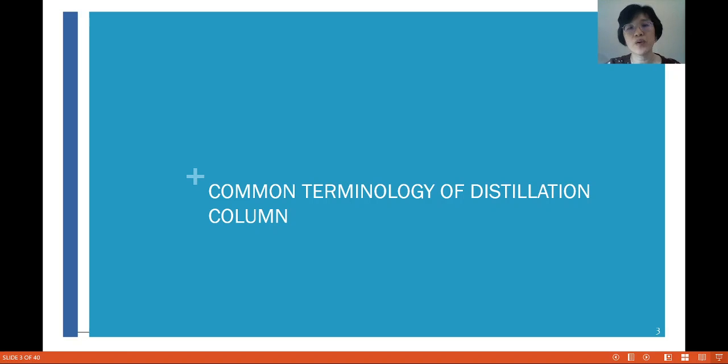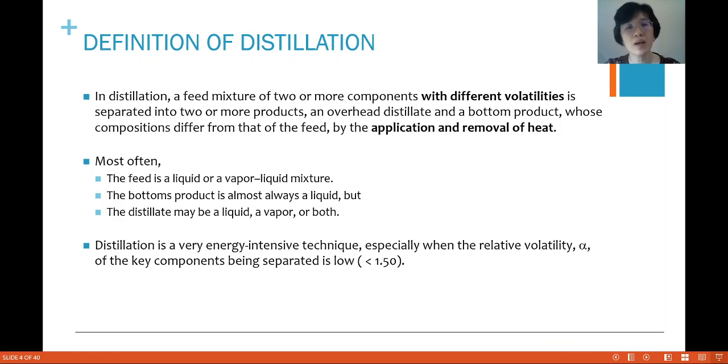Before we go to the process simulation using X1 Plus, let's go through some common terminology of distillation columns. In distillation, a feed mixture of 2 or more components with different volatilities, meaning with different boiling points, is to be separated into 2 or more products.